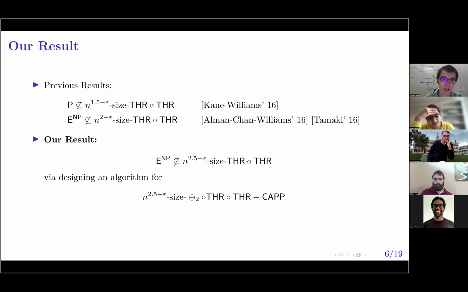Our result improves this algorithmic lower bound from n^2 to n^2.5. We prove that E^NP cannot be computed by n^(2.5-epsilon) size threshold circuits. Our proof is by designing a new algorithm that works for cap of n^2.5 size threshold circuits.